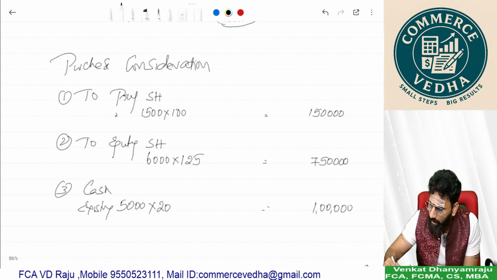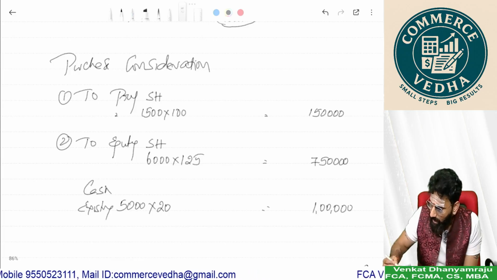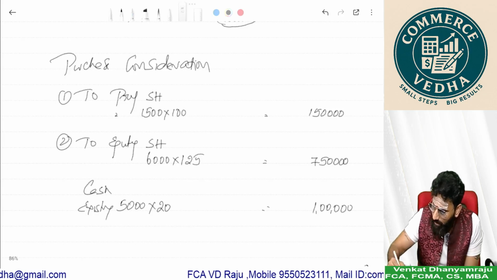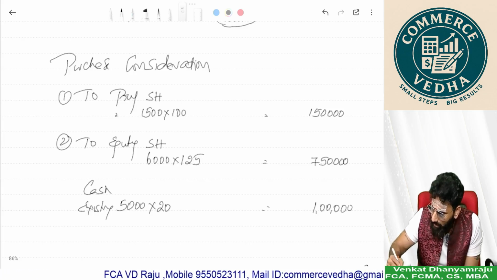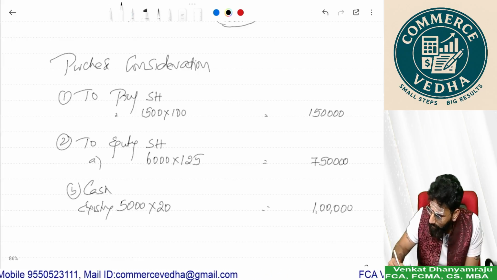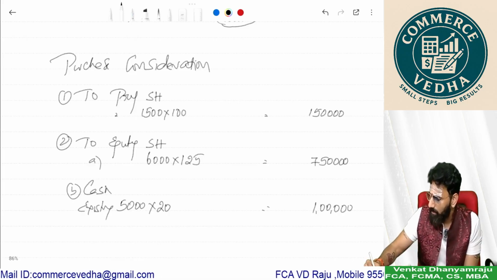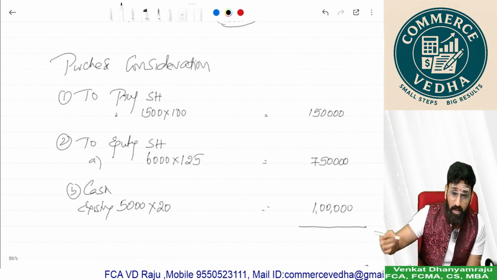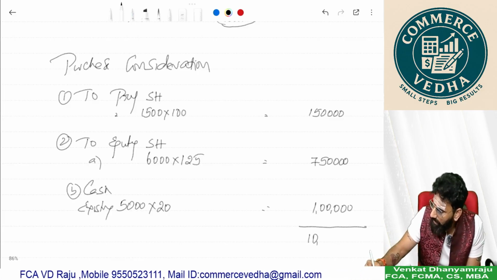So I don't write it as 3. I write it as 2A and 2B. 1 lakh. And total consideration is 7,50,000 plus 1,50,000, 9 lakhs, plus 1, 10 lakhs.